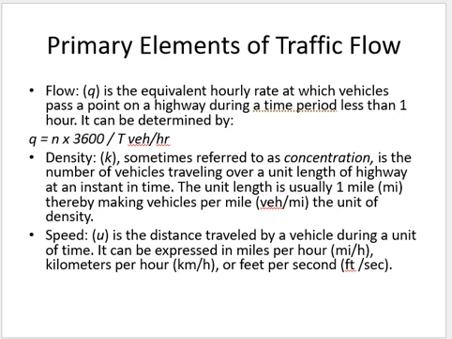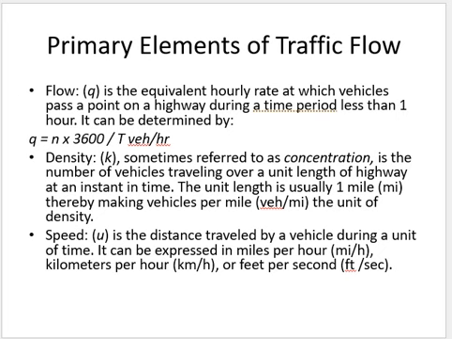So for example, you observe the number of vehicles for T seconds. T is the number of seconds for which you made the observation. So if you made the observation for 15 minutes, then it is 15 times 60 for the number of seconds.